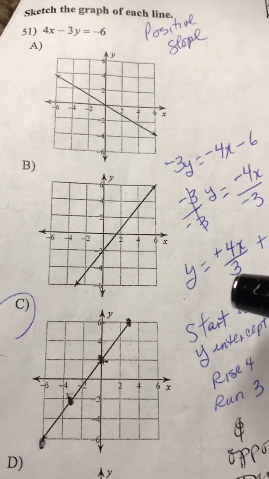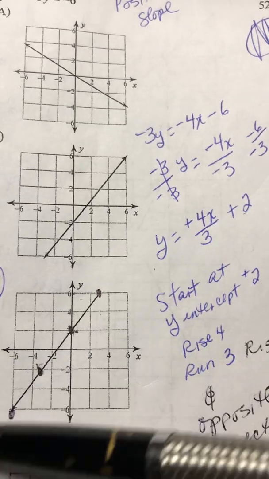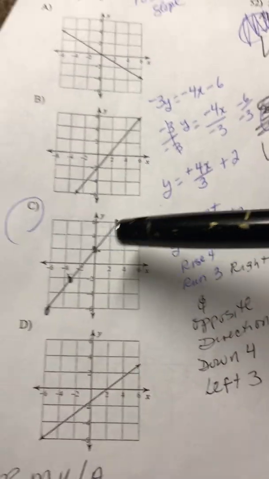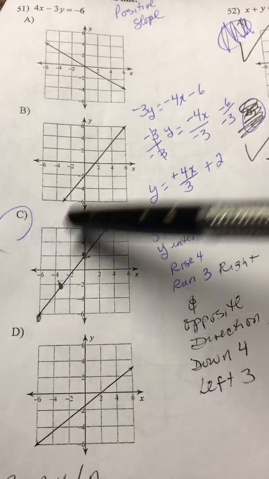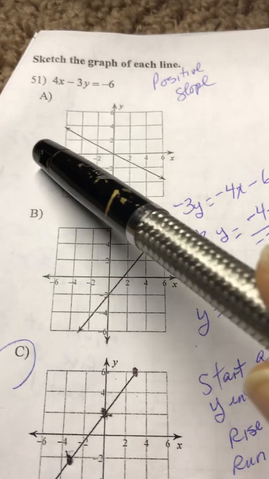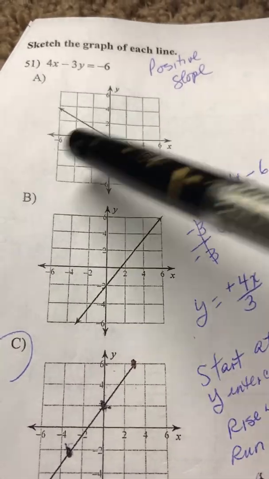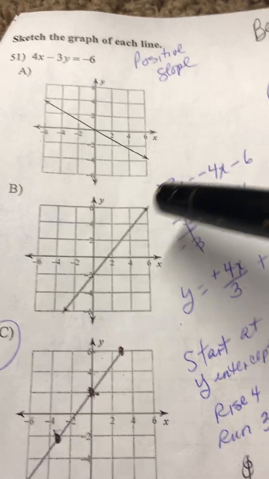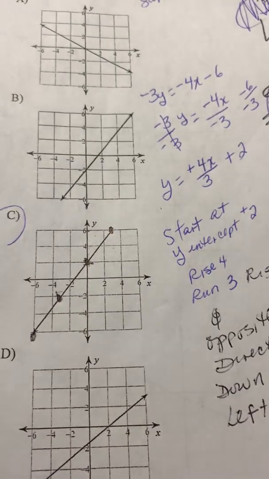So out of these graphs, positive is this positive slash. So I have to choose one of these answers here, positive slope. This is a negative slope going backwards. Okay? That's a backward slash. The forward slash is positive. All right? That's the trick.